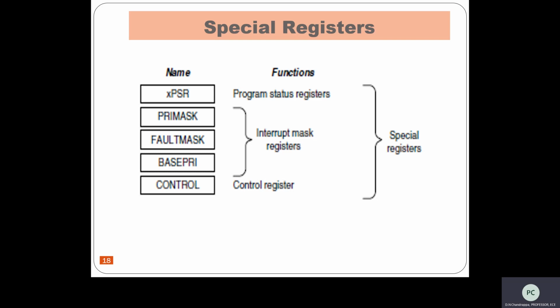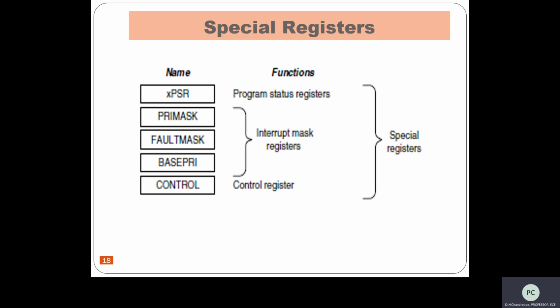These three belong to the interrupt mask registers, and the last one is the control register. Don't get confused: special registers are mainly three types, the program status register, the interrupt mask registers, and the control register. The interrupt mask registers again have three classifications: PRIMASK, FAULTMASK, and BASEPRI.